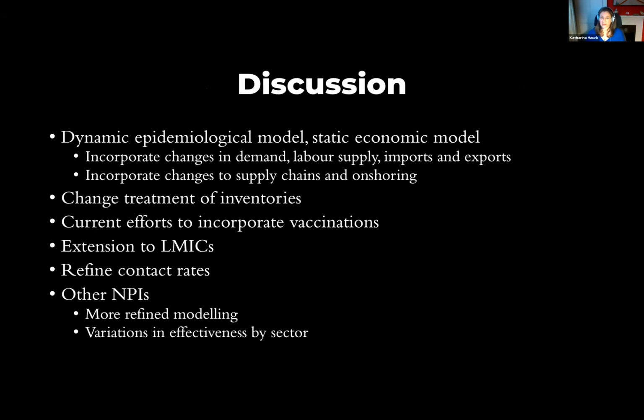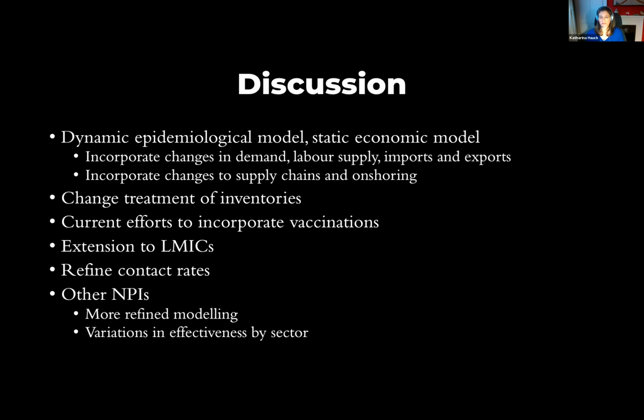We have a dynamic epidemiological model and a static economic model, which is the limitation of our approach. Going forward, we need to incorporate changes in demand, in labor supply, imports and exports. We have not done that yet. We also want to change the treatment of inventories.